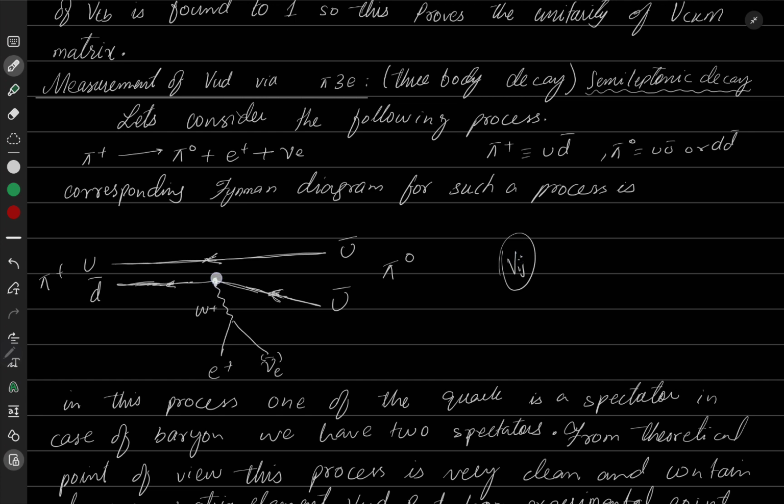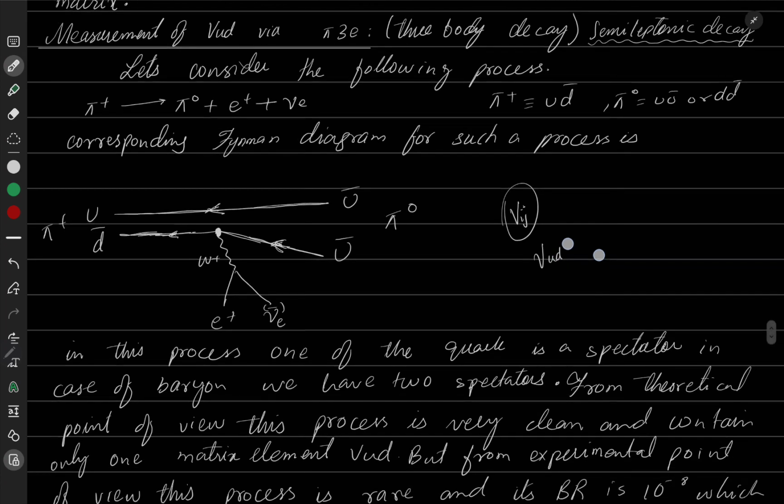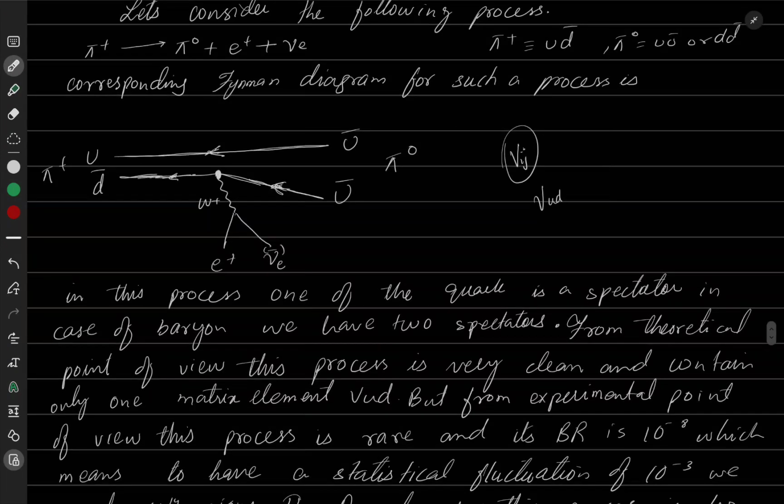Now if you look at this vertex, it is actually VUD. Yeah, so here a pion is decaying into a neutral pion, a positron and an electron neutrino. I think, yeah, it's an electron neutrino.